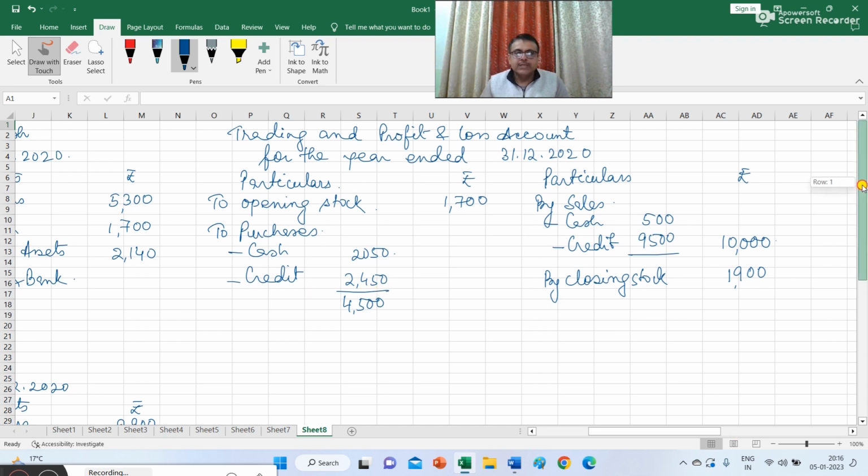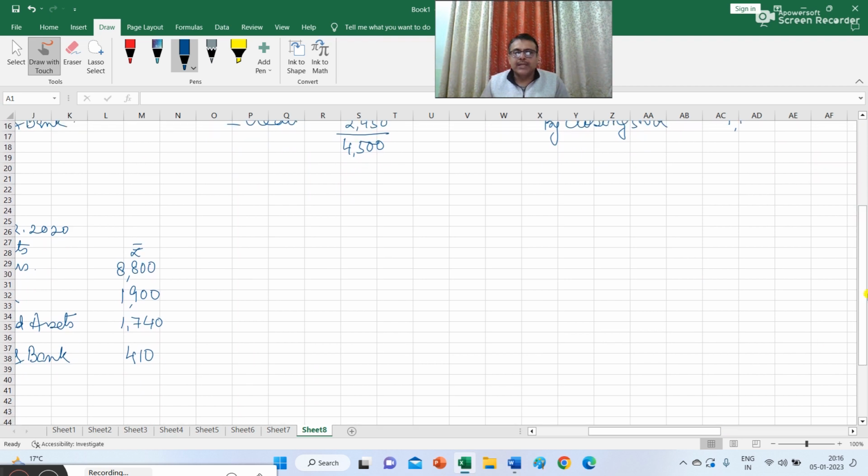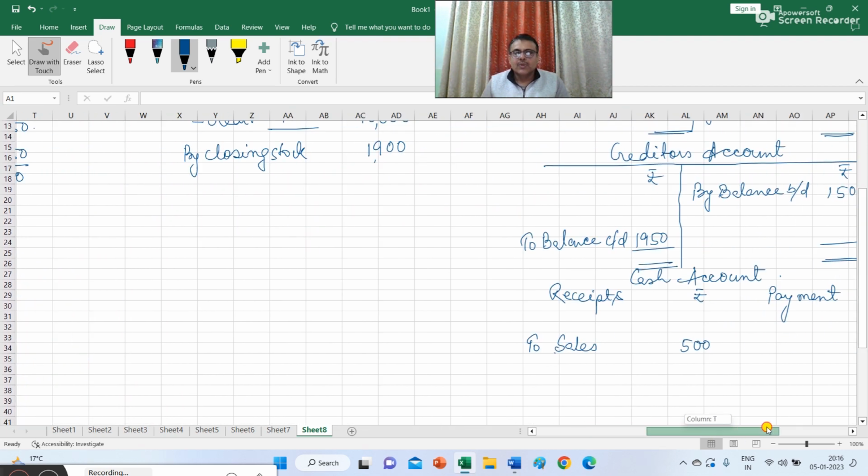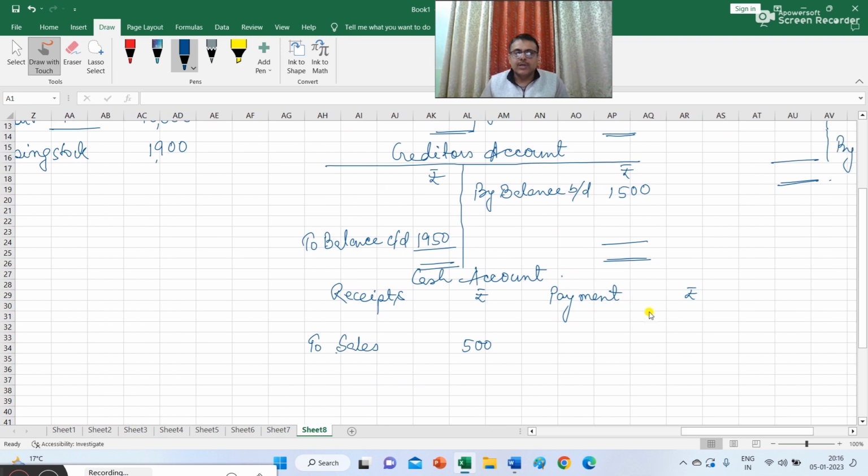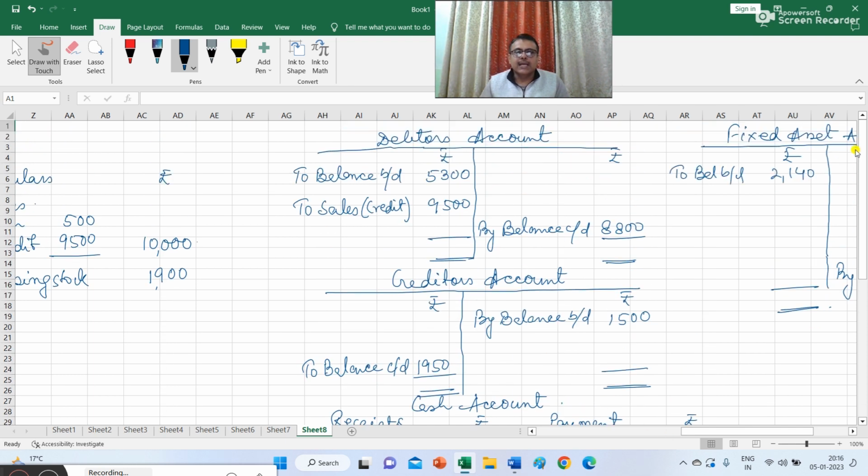And you have to record it. The cash purchase will be recorded in the cash account. So in cash account I have to record it by purchase account 2,050, and in the creditor account you have to record as by purchase, that is the credit purchase is 2,450.